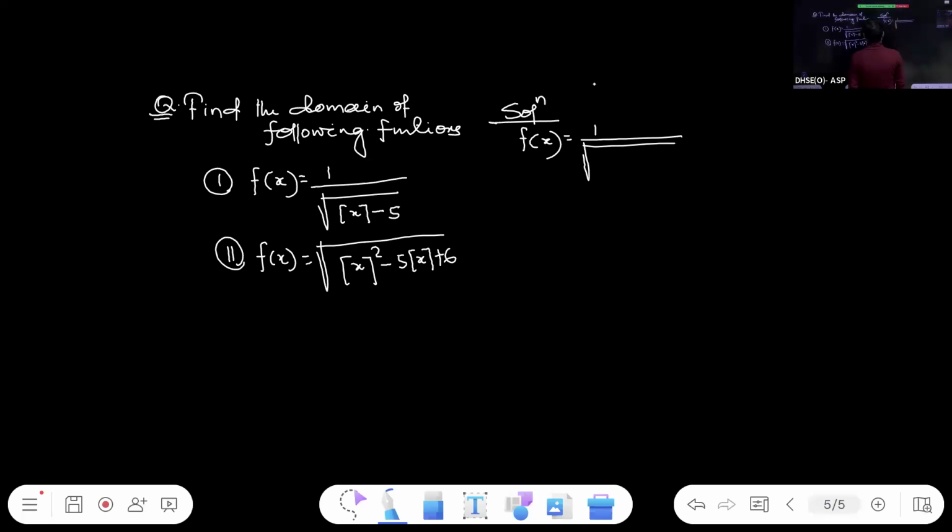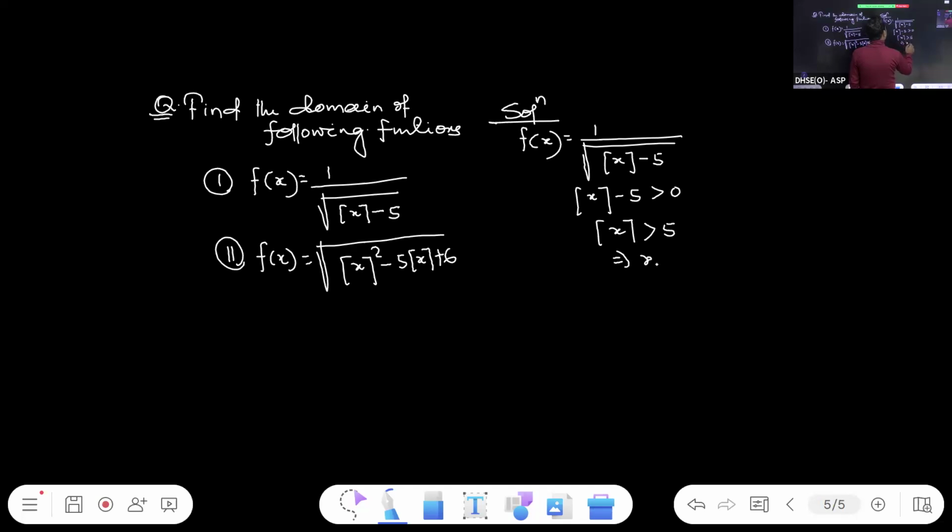Yes, you are correct, Sahil. So bracket x minus 5 is greater than 0, bracket x greater than 5. This implies x belongs to 6 to infinity. Try to answer question number 2.